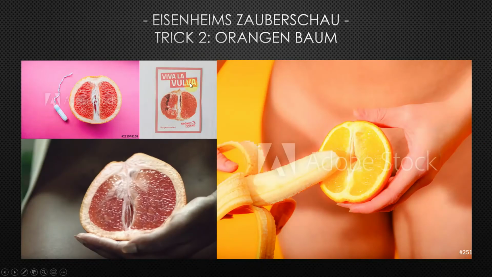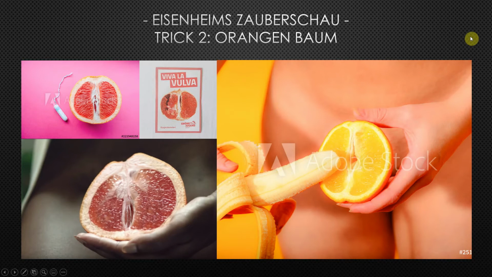So we have often in advertisements or some stock photos, or this is some political advertisement from the Green Juice feminist advertisement, which all use cut in half oranges to represent a vagina. And often, of course, it's the red orange, but you can also use the orange.